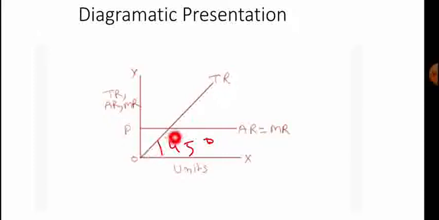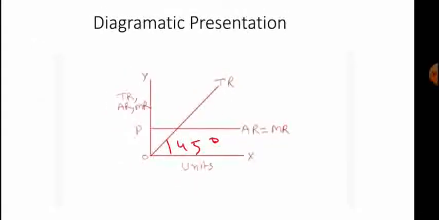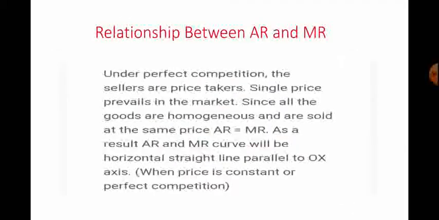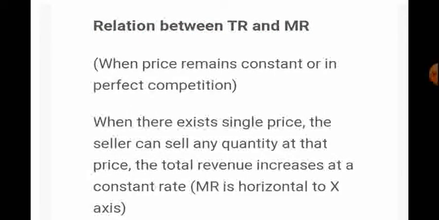That's why total revenue curve is a positively sloped upward rising curve starting from origin and making an angle of 45 degree. So this is the relationship between AR and MR, then TR and MR when price of the commodity remains constant. So this is the relationship. आपको ये अच्छे से पढ़ना है ताकि आपके सारे डाउट्स क्लियर हो जाएं.